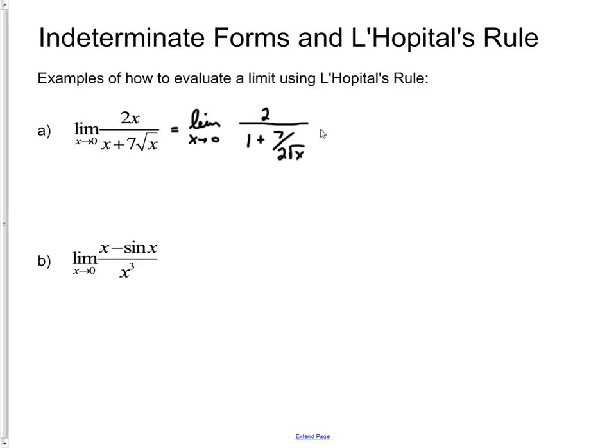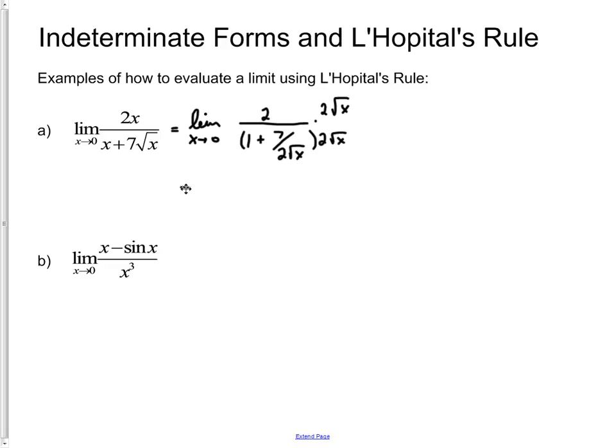So what I'm going to do is multiply my numerator and denominator by 2 square root of x right here to rewrite this. Well, I could just multiply by square root of x, I suppose. It doesn't matter, but I'll stick with 2 square root of x just for fun.